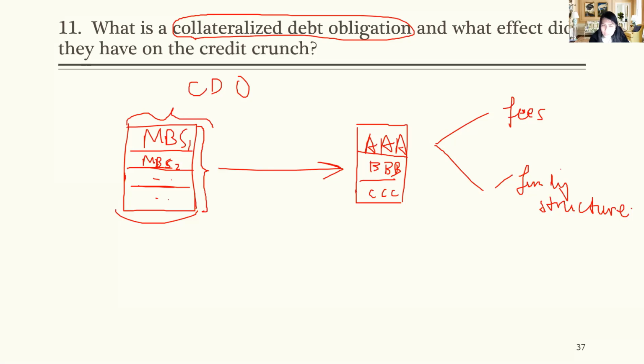As a result, their underlying risk is the same as an SIV, which is the mortgage market. So their effect on the crisis is similar to an SIV.